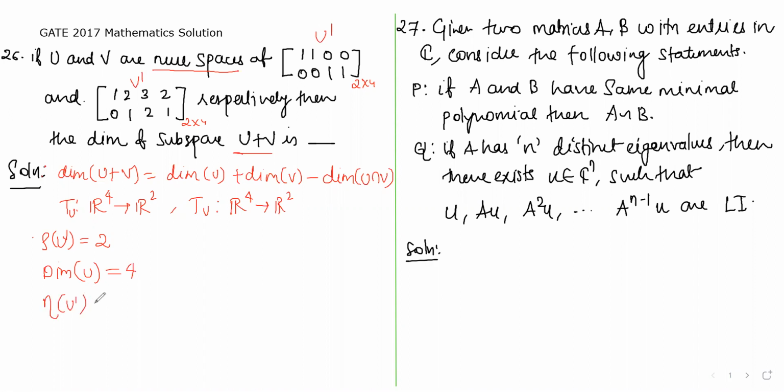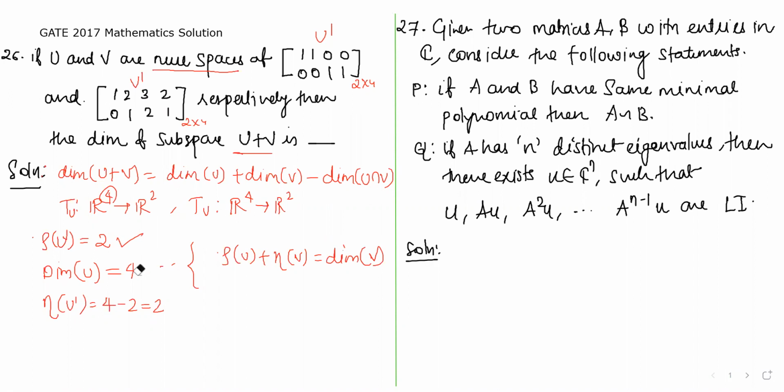Nullity of U dash will be 4 minus 2, which gives me 2. Here I'm just using the rank nullity theorem: rank plus nullity gives the dimension of the vector space. So here the dimension is 4 and the rank of this matrix is 2, so nullity is automatically 2.